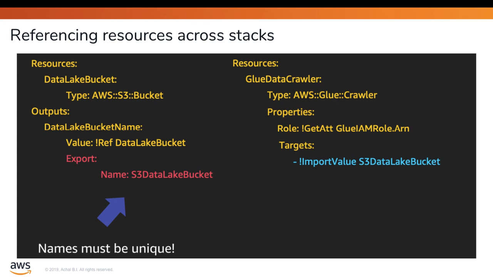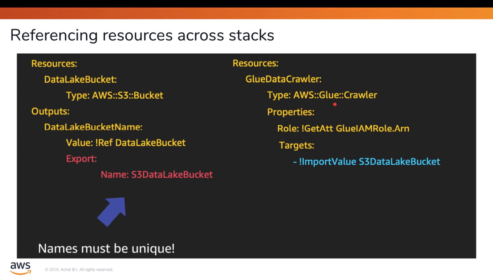So here we are back again. Earlier I spoke about exports. Export is nothing but a value. It would be a unique name that is defined by the stack itself. Till the stack exists, this name would be unique, and that name can be referenced by other stacks.